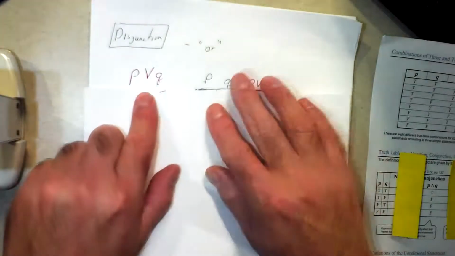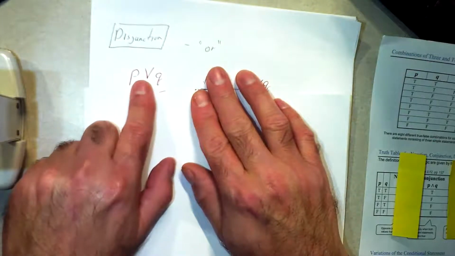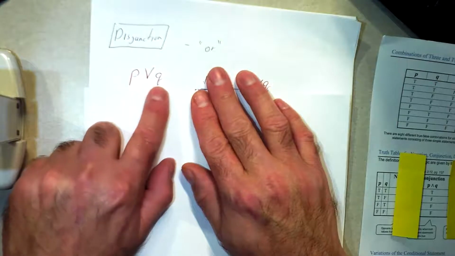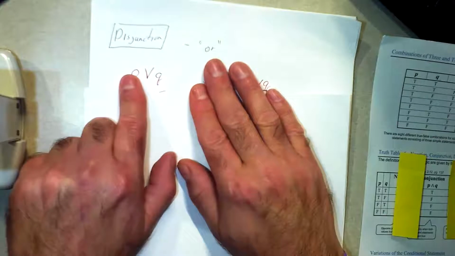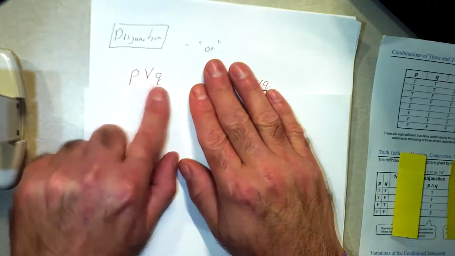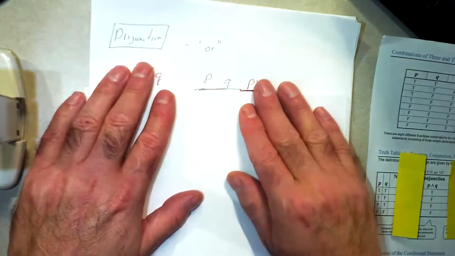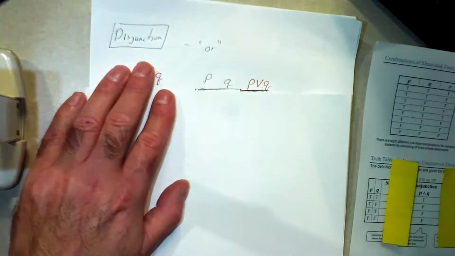Remember the symbol for disjunction, it was the right side up V, P or Q. All right, so notice there are two variables involved in my logic puzzle, so I'm going to have to remember the first two columns of my variables, P and Q.